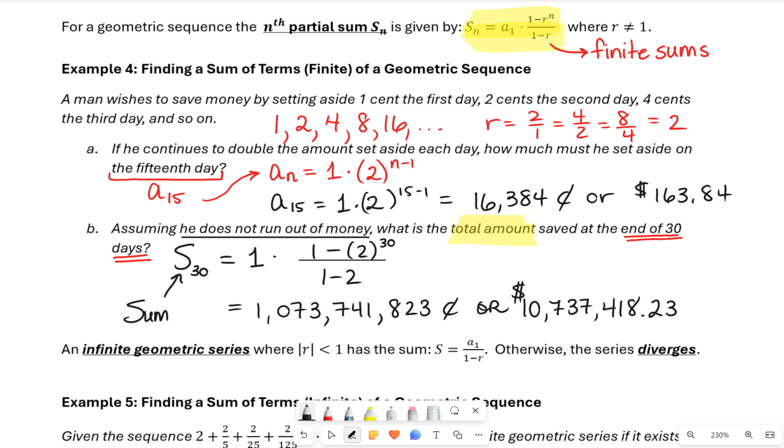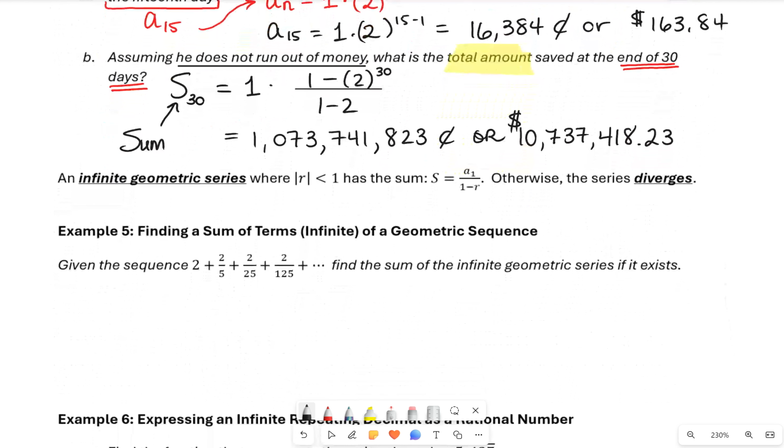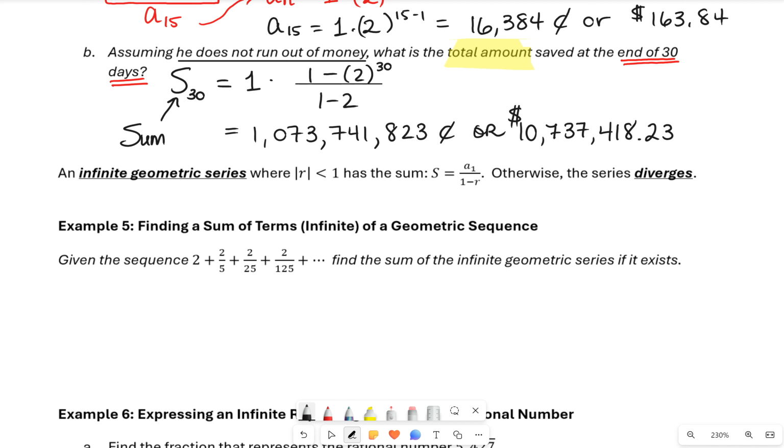It's a lot of money saved up by doubling your money every single day for just a month. The total amount of money accrued would have been 10 million plus. So that's a finite sum because they only asked us to add the first 30 days.